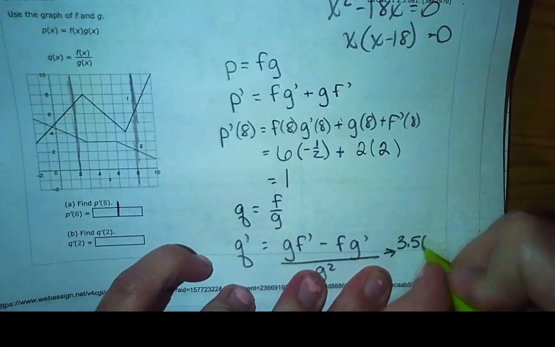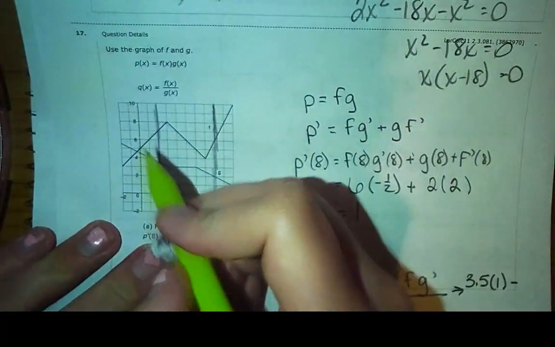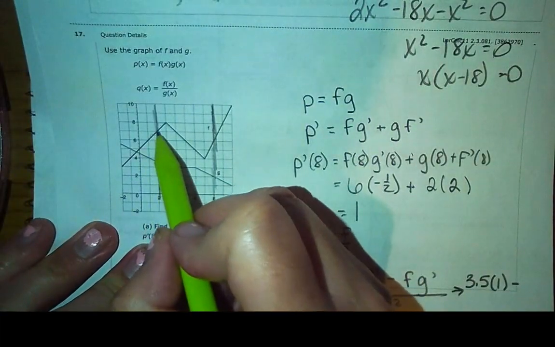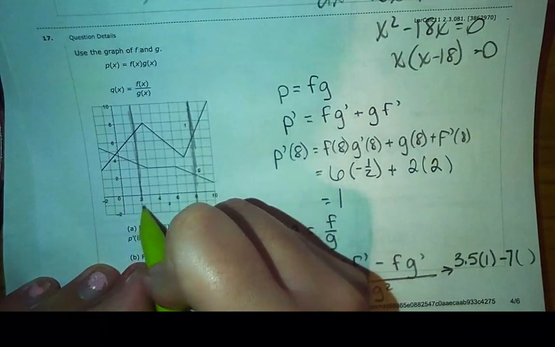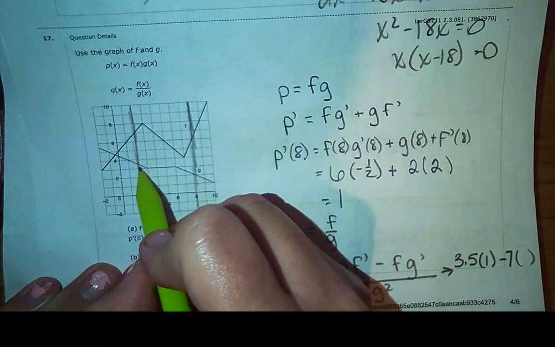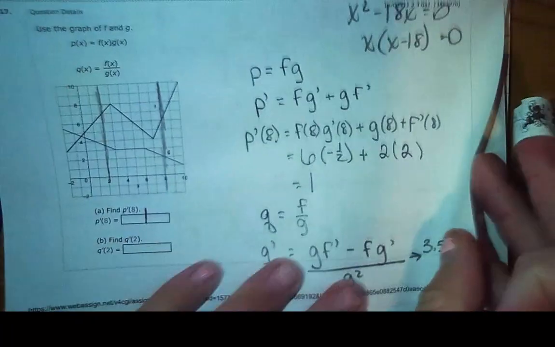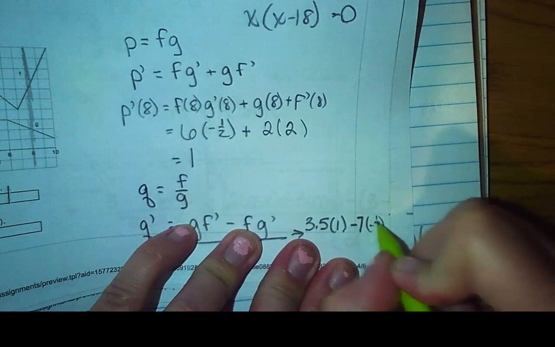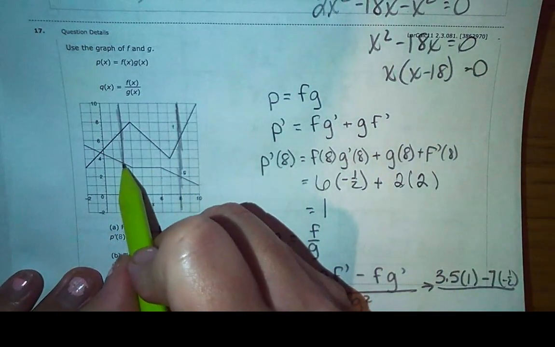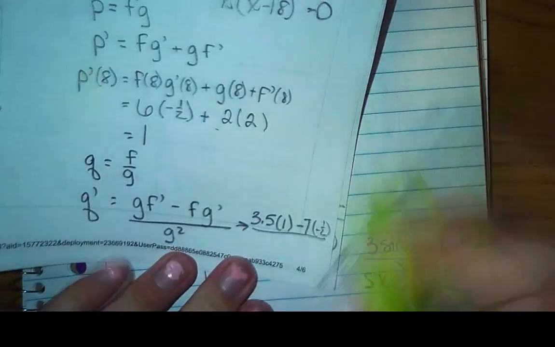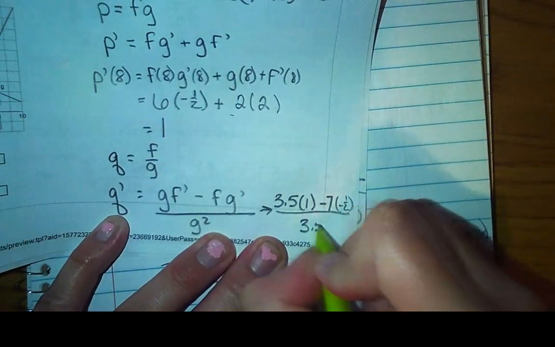Okay, minus my value of f at 2, which is 7. And my slope of g at 2 is going to be negative 1/2. So negative 1/2, all over the value of g at 2, which is 3.5, squared. So when I clean that up, I'm going to get a 3.5.